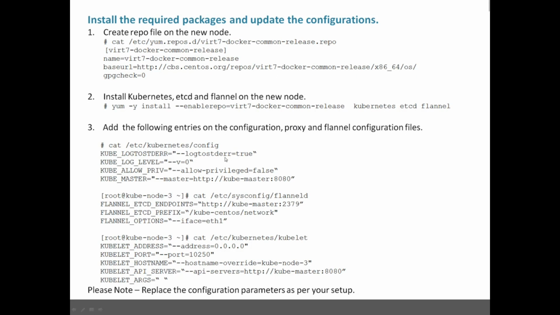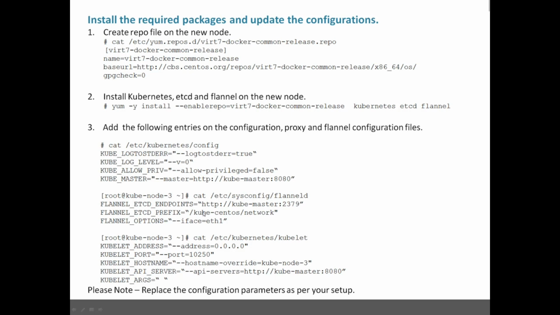After that, I will configure Kubernetes, where I will say this is the log file, these are the privileges, and this is going to be the master. You can pick these settings from your existing node, or if you have documented them, you can use those settings. But make sure these settings are similar to your existing nodes in the cluster. After that, for Flannel, I'm doing the same configuration.